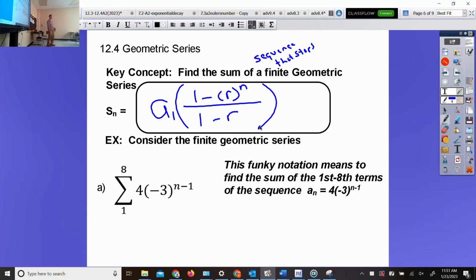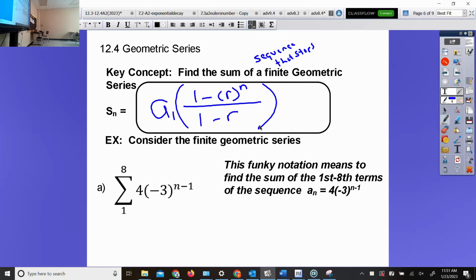Not a big deal if your ratio is positive. A sub 1 is what it's always been. What's a sub 1? That you care about. You know what r is. You should be able to figure out n.